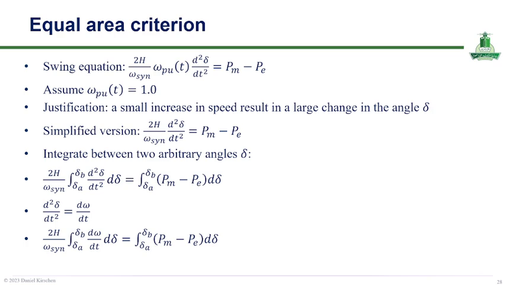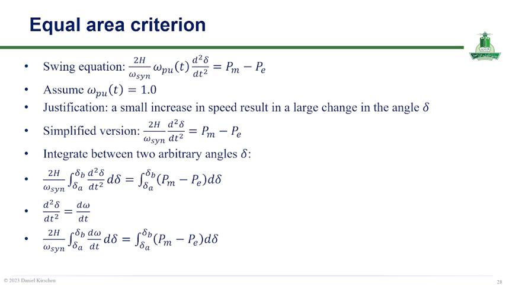So by assuming the per unit speed, omega per unit, is equal to 1, the equation can be simplified, highlighting that even small speed deviations can cause significant changes in the rotor angle delta, and the equation is then integrated between two arbitrary rotor angles, transforming the dynamic equation into an energy balance form.